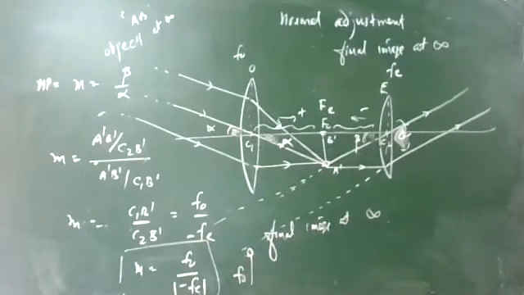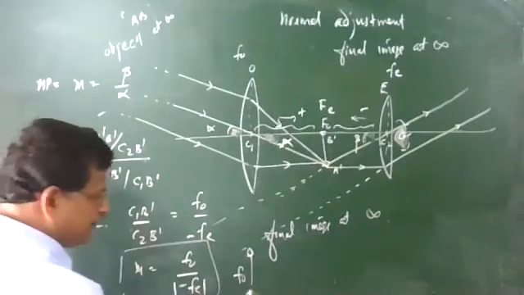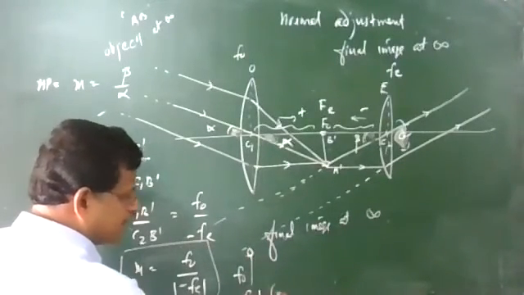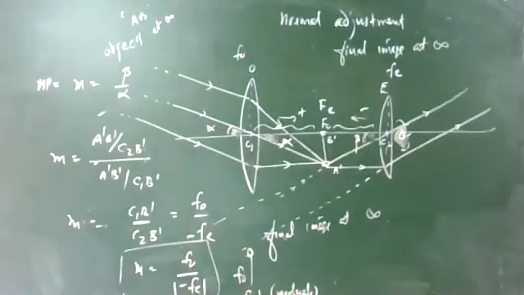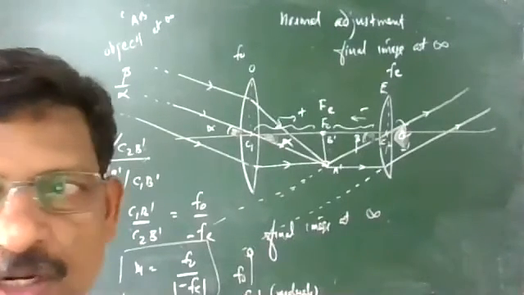If it is of large size, it can collect more light. And f e should be slightly less, so it is kept moderate, not very small. So this is the way: by increasing f naught, we can increase the magnifying power of the telescope.